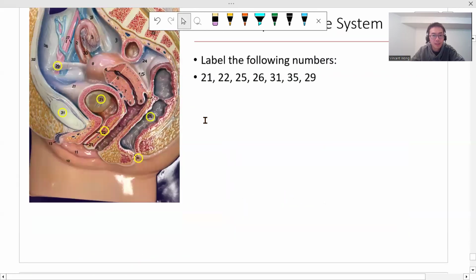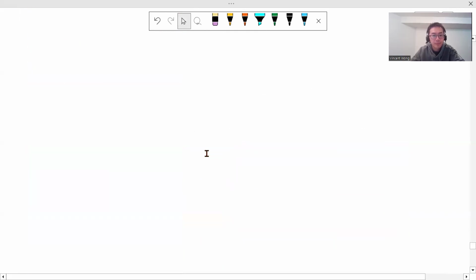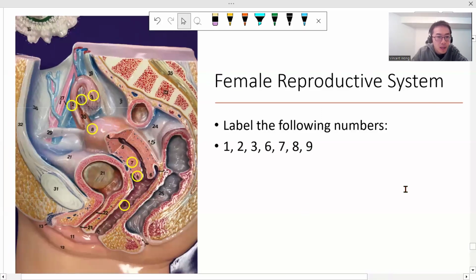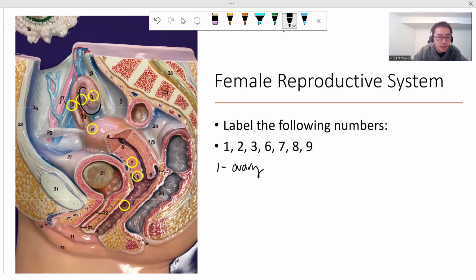Two more slides for the female, and then we're done. Okay, let's see what we have here. Number 1 is the ovary. It's this thing right here that releases the egg, and it goes into number 2, which is the fallopian tube.